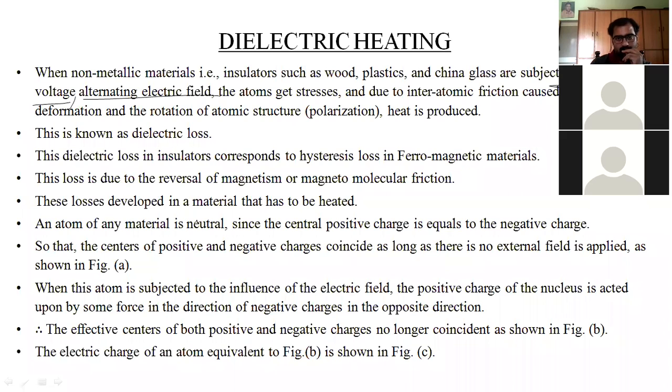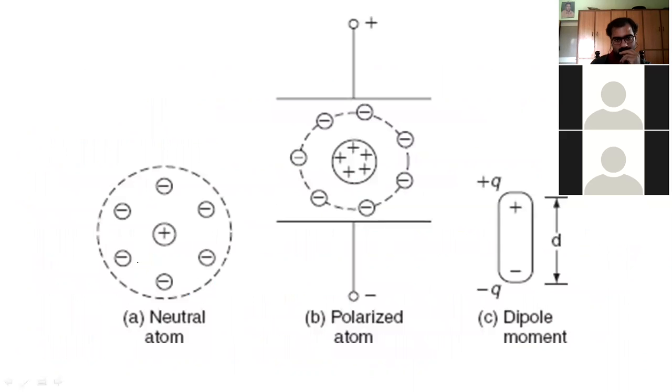Okay, I will show how this is going to happen. Please check here. This is your neutral atom, where the positive charge and the negative charges are equal. Here is the total atom, consisting of positive and negative charges.